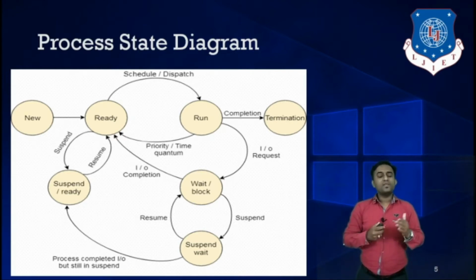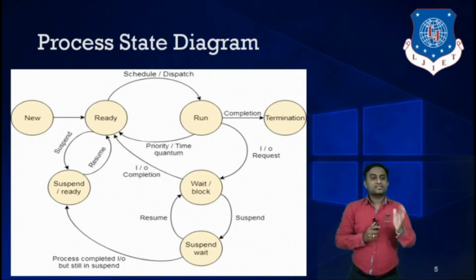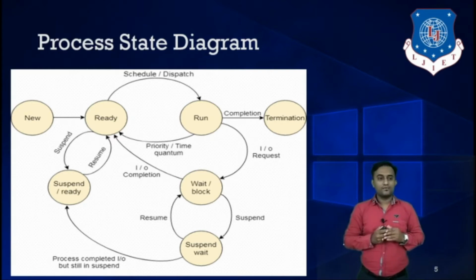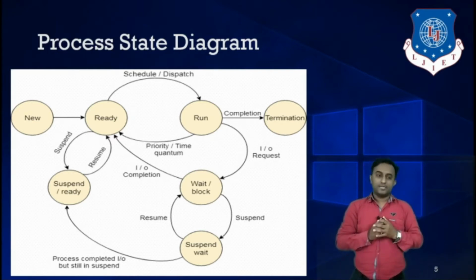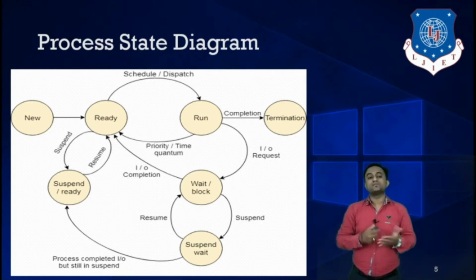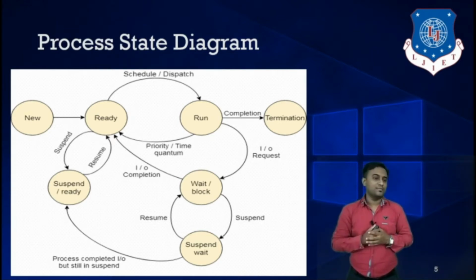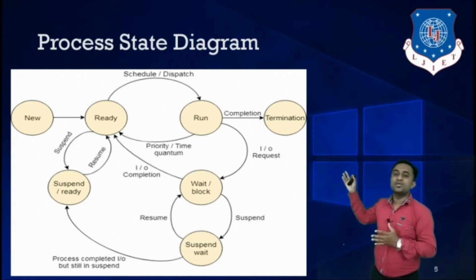Now let us discuss each state in detail. First of all, we will discuss the basic states and then we will discuss the additional states. Out of 5 basic states, the first basic state is the new state.